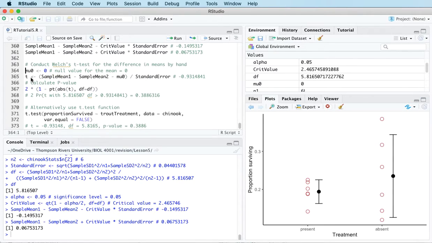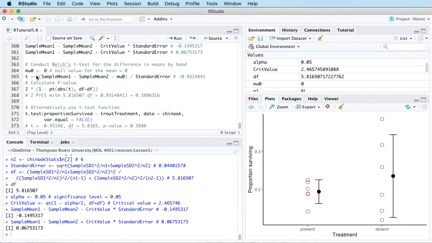First step, state the null and the alternative hypotheses. So the null hypothesis is that the mean proportion of Chinook salmon surviving is the same in streams with and without brook trout. So in other words, the population means are the same. And the alternative hypothesis is that the mean proportion of Chinook surviving is different between streams with and without brook trout. So in other words, the population means are different. That's step 1.